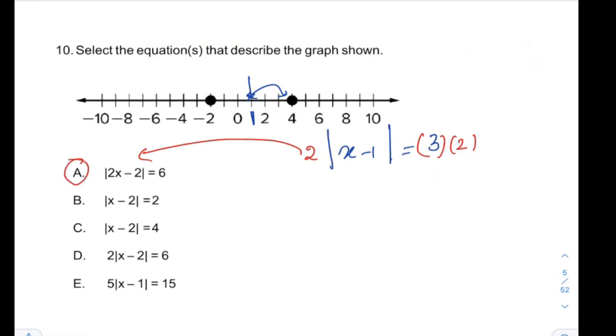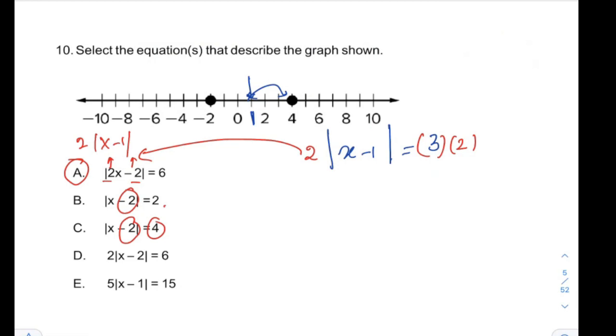So this is correct. If you multiply even, this one is totally different, because if you multiply here, the midpoint is different here. Here, there is a common factor. So you cannot choose this one. Also, you cannot choose this one as well, because there is no common factor. There is 2 here, 2 here, so you can take out a common factor, and this will be 2x minus 1.